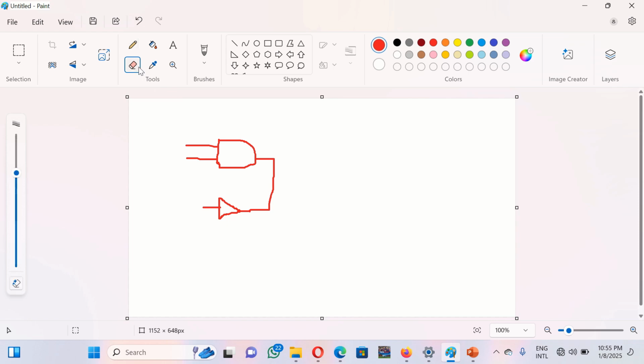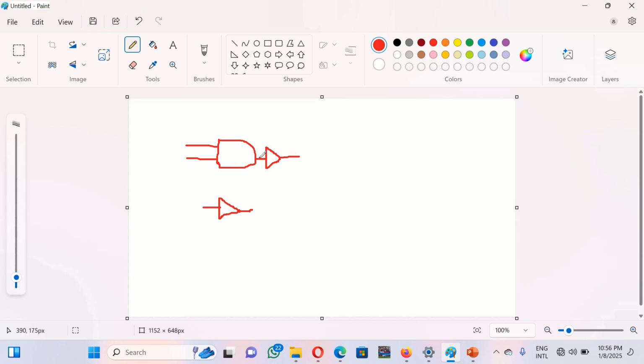I can also represent that in this form as well. This is like a triangle with some lines coming from both sides.